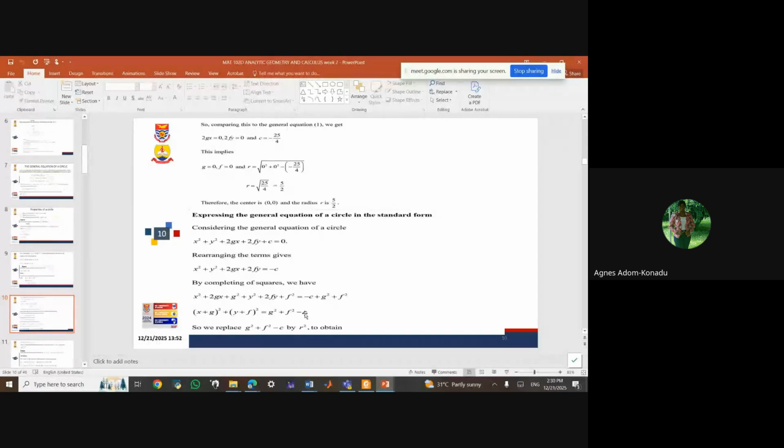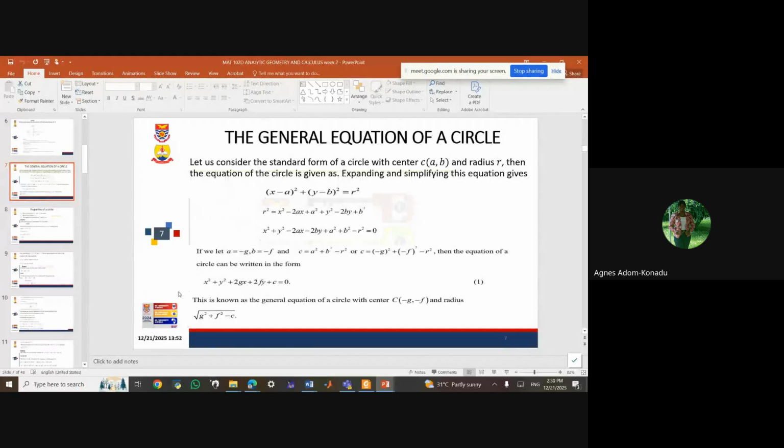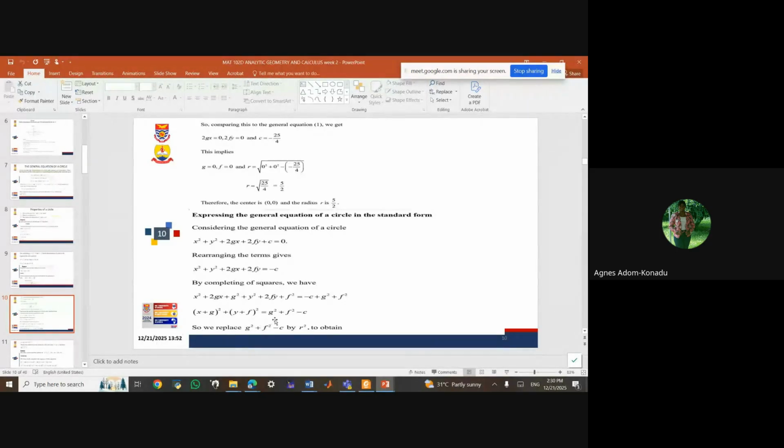But remember that the whole of this is my r squared. So in place of the whole of this, I will write r squared. Okay.